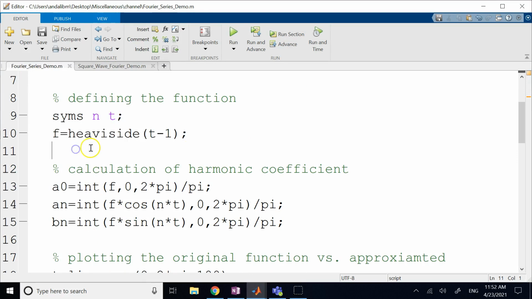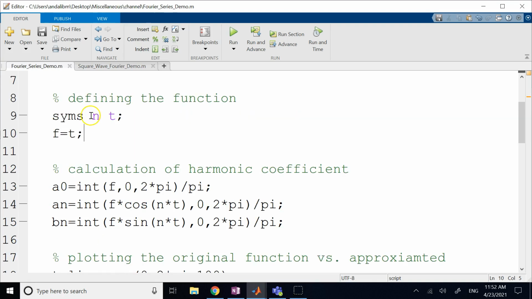If you want to model this step-type behavior using the symbolic toolbox, which I used here, you can use the Heaviside function, but here, to make it different, I want to show you the sawtooth function, okay? F of t equals t, and I only go from 0 to 2 pi, so here I assume the period of the sawtooth function is 2 pi.